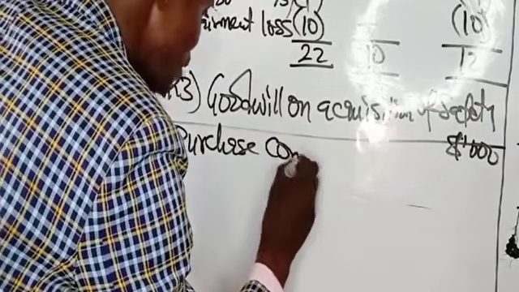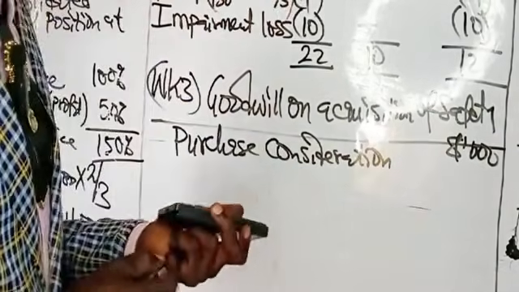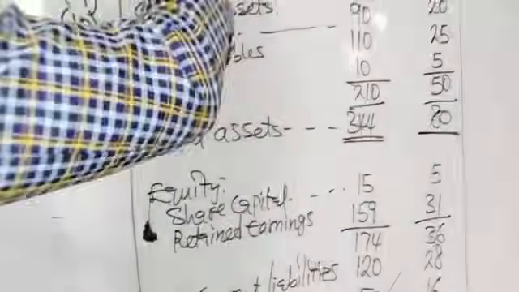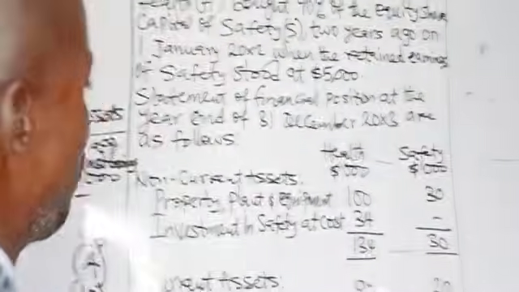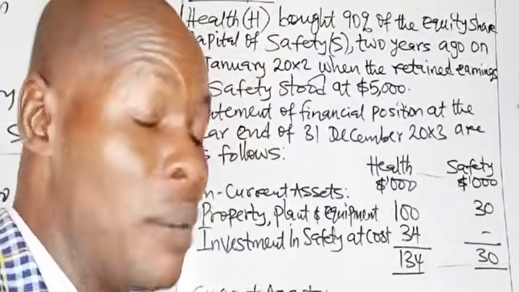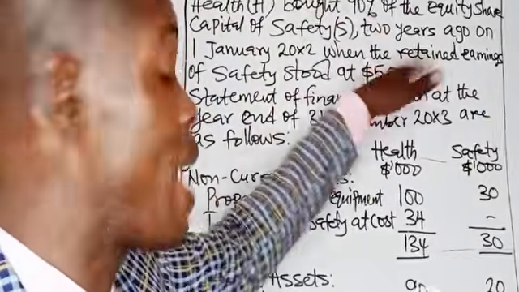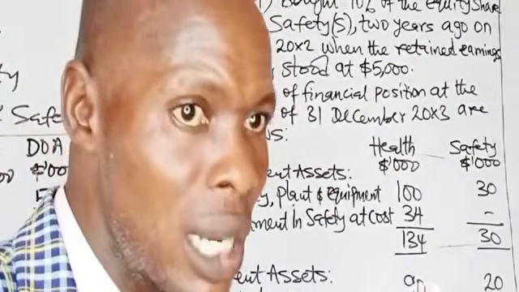How much was the price paid by the parent company for the acquisition of the subsidiary? Please, before you go into the statement of financial position to look for the purchase consideration, always check your note where you have information about acquisition. Please take note of that.